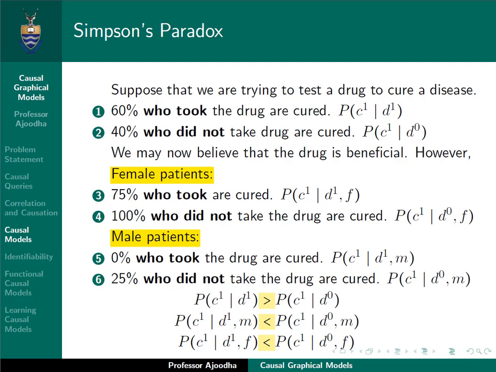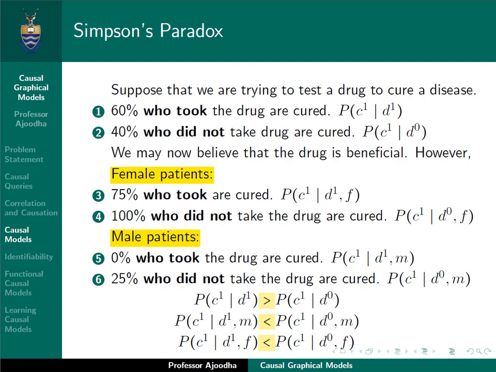So this scenario, and obviously you can explain this in many different ways, not only in a medical example, is called Simpson's paradox. And it's interesting because it shows that more data can sometimes make us more wrong.